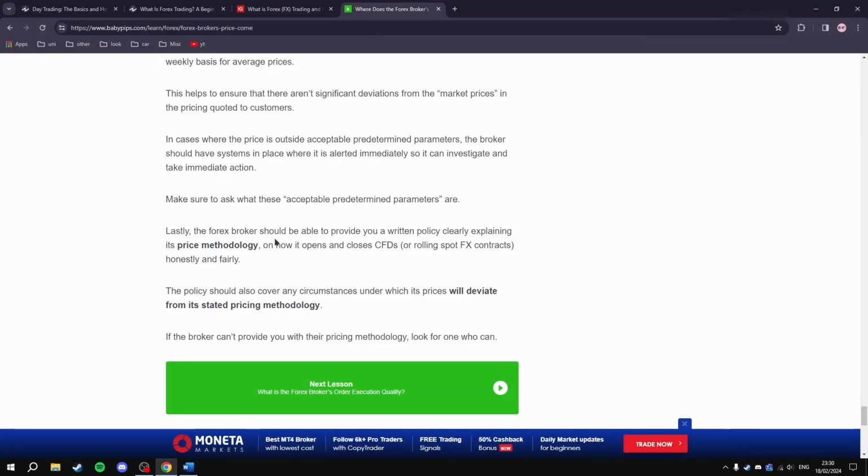The policy should also cover any circumstances under which its prices will deviate from its stated pricing methodology.